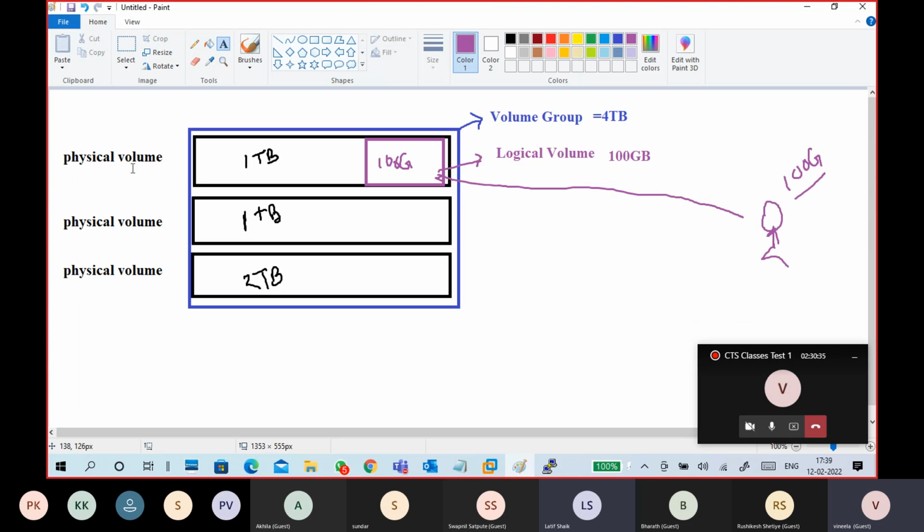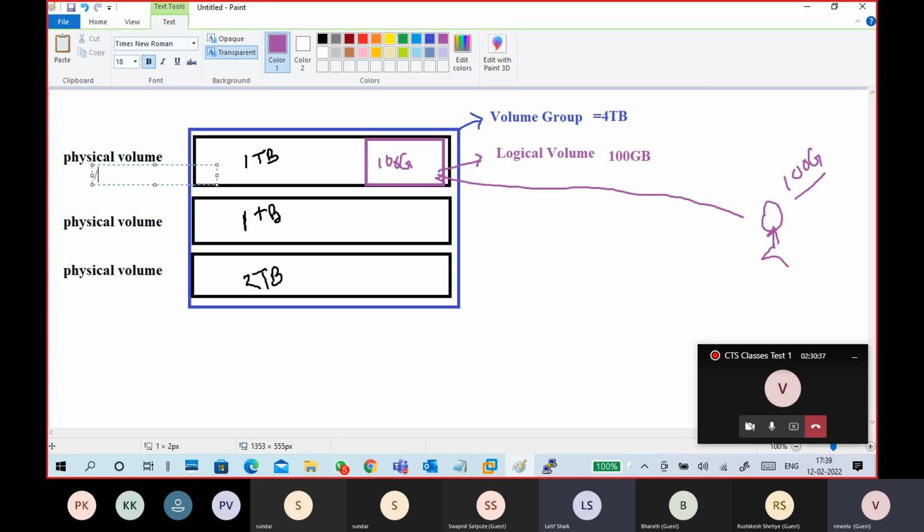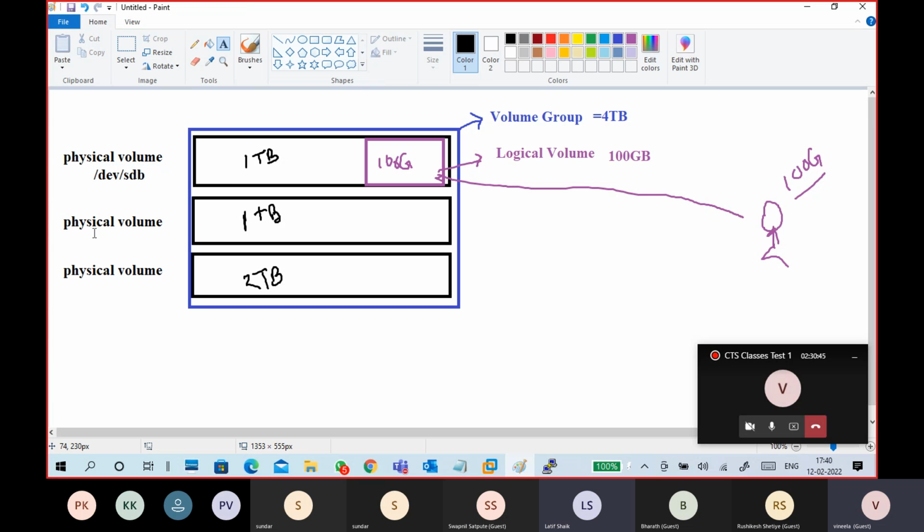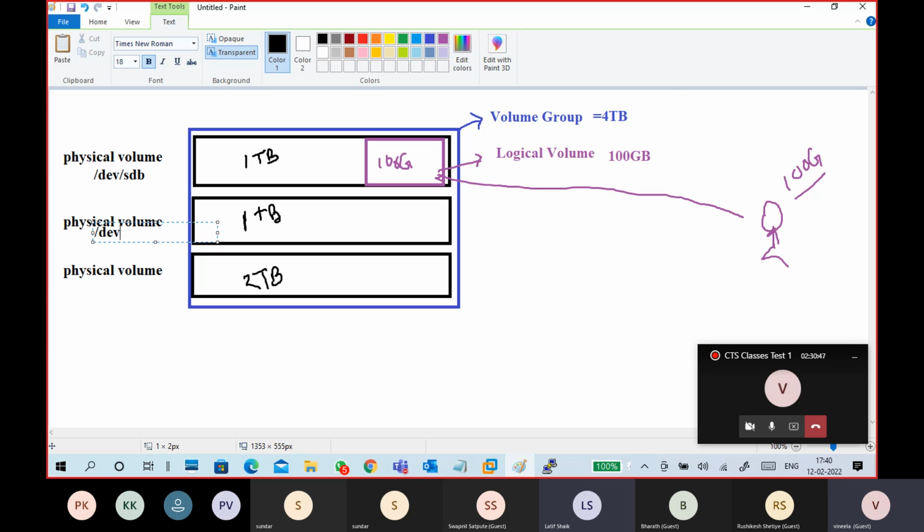The first one is /dev/sdb. The second is /dev/sdc, because sda is already used for the normal system.